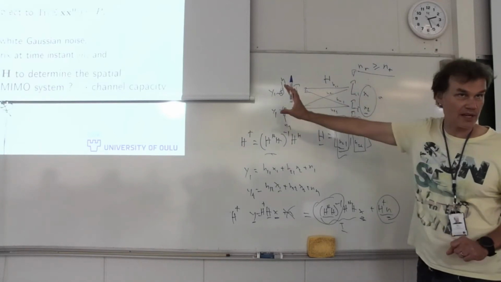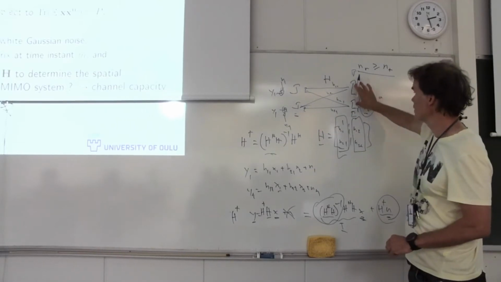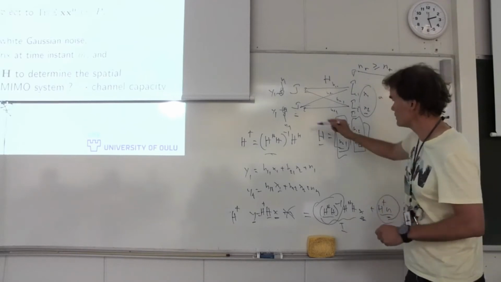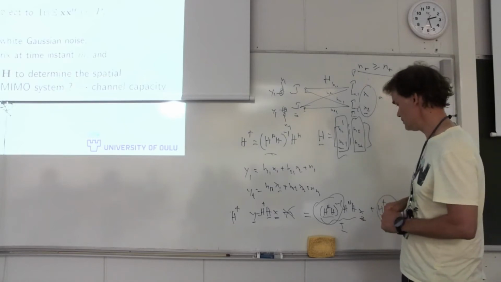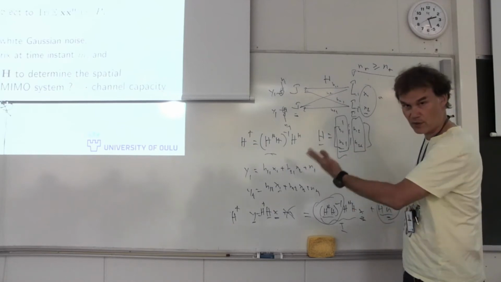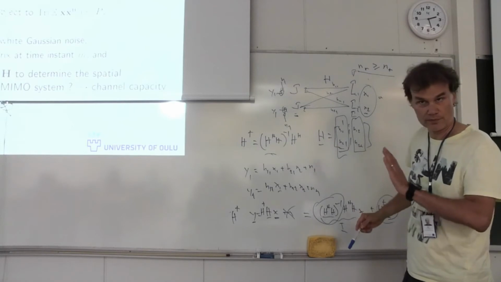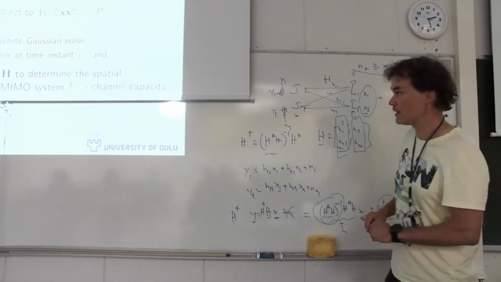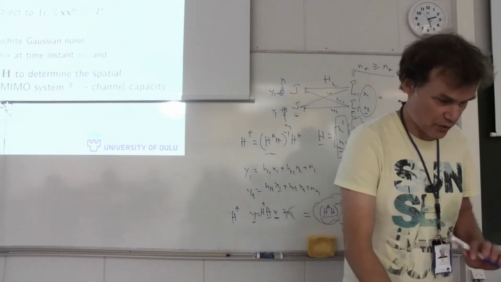If you don't have any channel information, you can just send from at most NR of the NT antennas. But this is the linear structure. Of course, when we go to nonlinear structures, MMSE with successive interference cancellation, you can resolve also the overloaded case, but the corresponding rate will be very small. So the linear structure is close to optimal anyway.